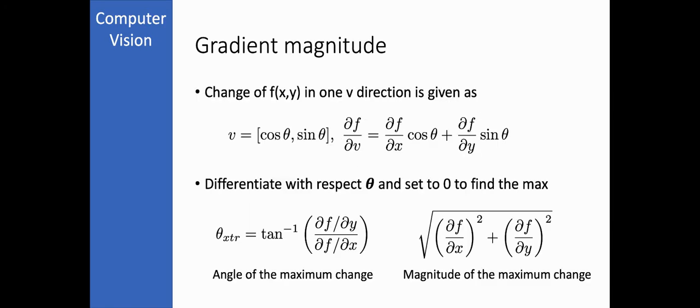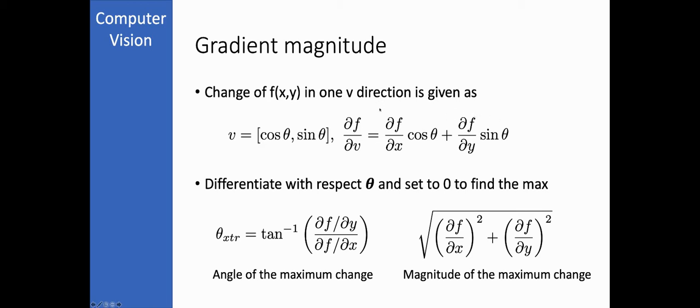And it's easy to see that the gradient really gives you the steepest change. You can prove it simply by finding the derivative, or the change in f, in one direction v that's given by cosine theta and sine theta in 2D. The change of f in that direction can be given by this formula: the gradient of f dot product with v.